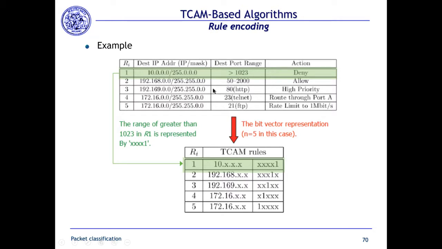So for example, here we have the first entry, which is the destination IP address matching 10/8, combined with destination port greater than 1023. So in the TCAM, we will implement this rule by using the first columns as a regular expression based on prefix.